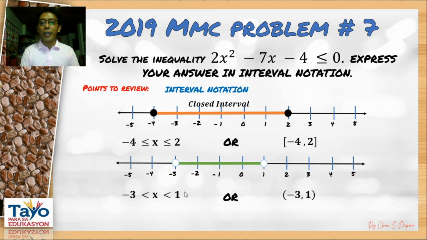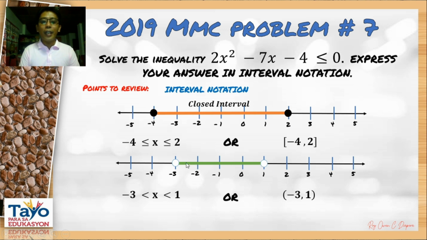Or you can do this, I'll make use of parentheses. Why? Because this will tell you that negative 3 and 1 is not included in the value of x, but all the points in between negative 3 and 1 are included.